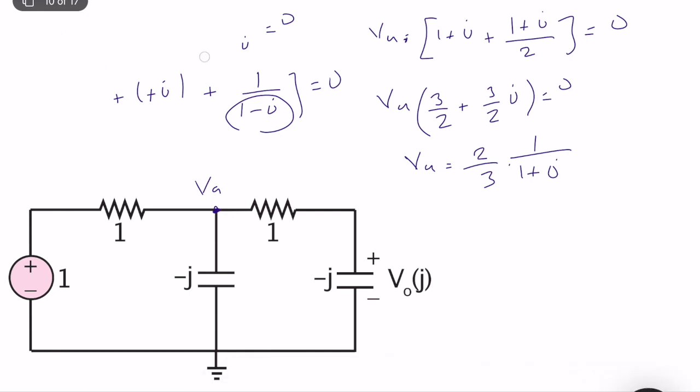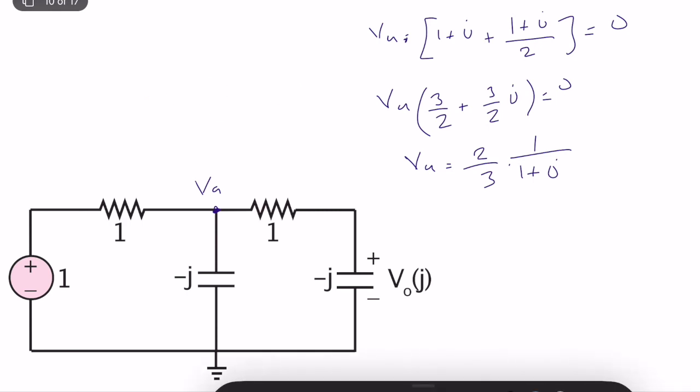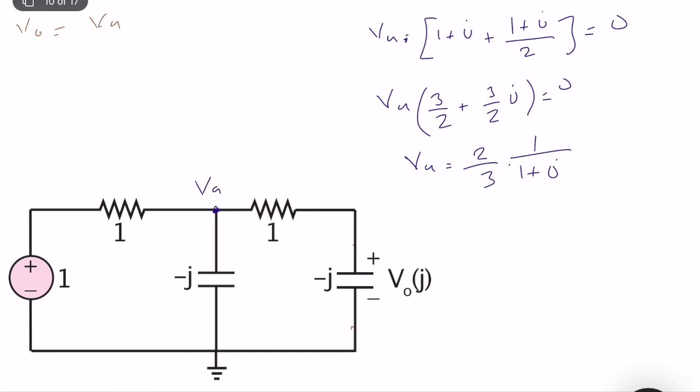So let's clean this part. What is V naught? V naught is the voltage here, and we know VA, so it acts like a complex voltage divider. V naught is equal to VA divided by (1 minus j) times minus j.